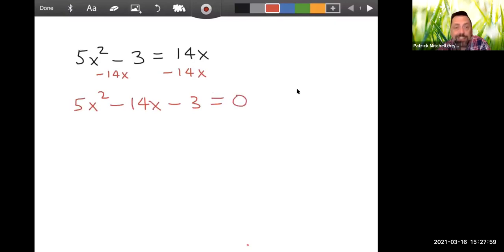Once my equation is in standard form, I like to write down what a, b, and c are. Okay, so those are the coefficients of x squared, x, and the constant term. Notice I'm putting the negative with the 14 and the 3.